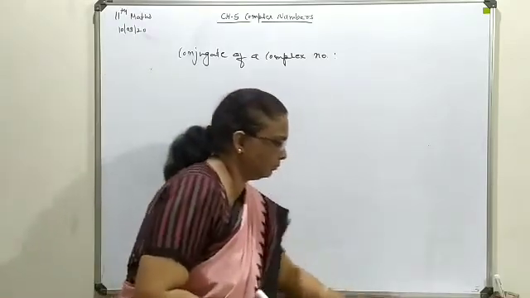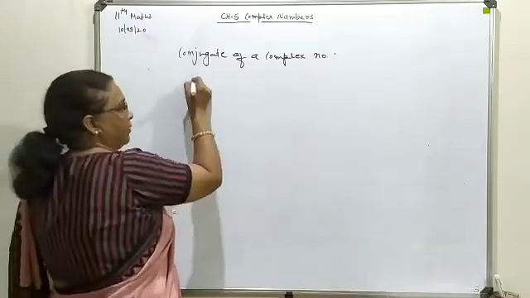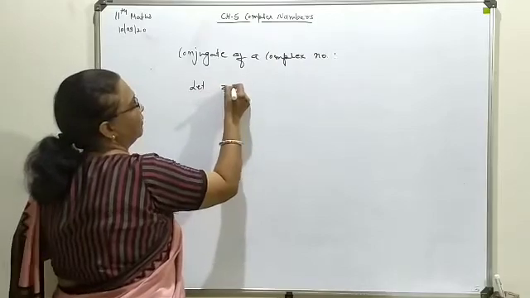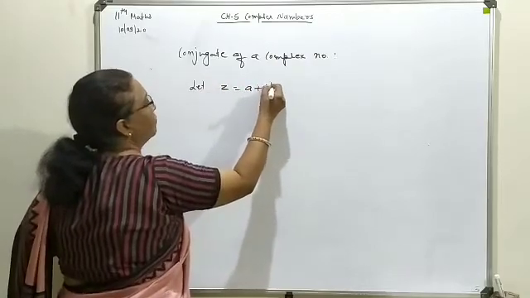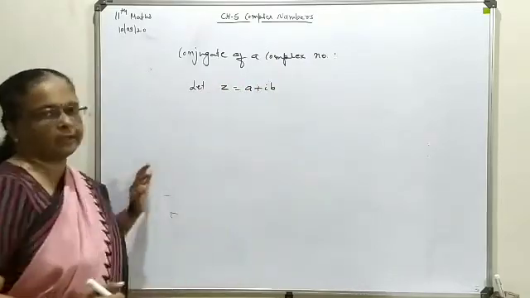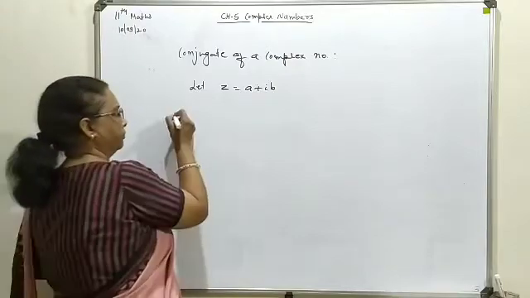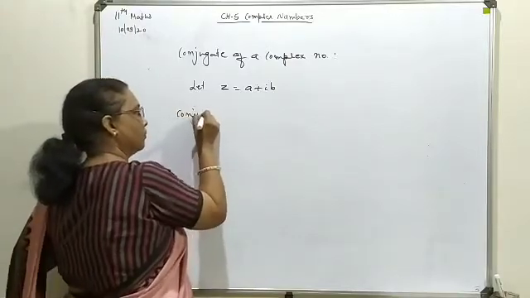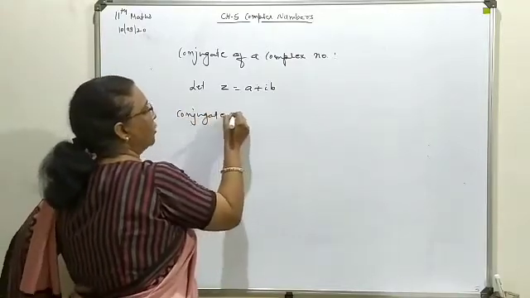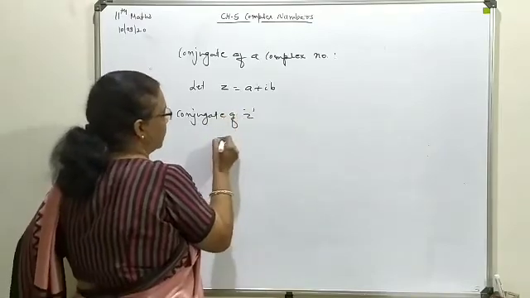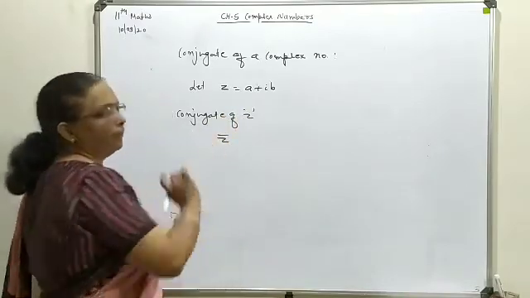Basically Z is available as A plus IB form. Here we are interested to write its conjugate. The conjugate of Z you can express with the symbol Z bar.